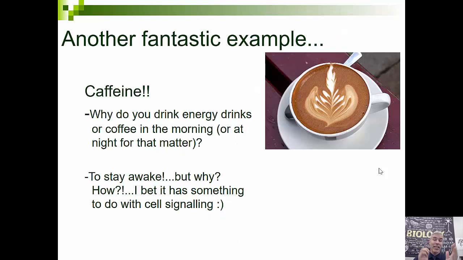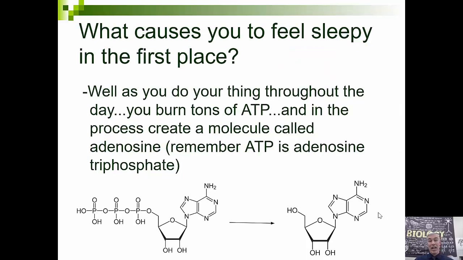Another example, the last example, because I like coffee, so we got to talk about it, is caffeine. So caffeine, why does caffeine actually work to make you feel more alert? Why do we take it to give us energy? It has something to do with signaling, but it really has to do with the ligand that binds to the signal. So what causes you to feel sleepy in the first place?